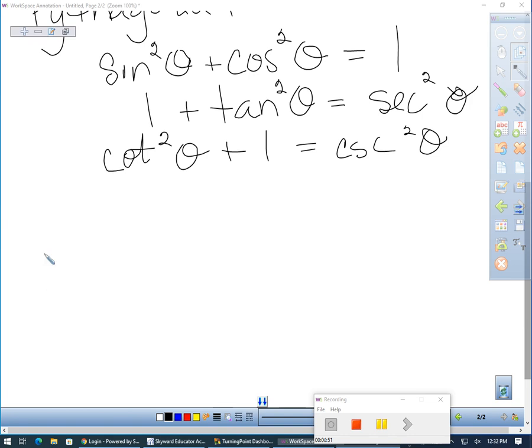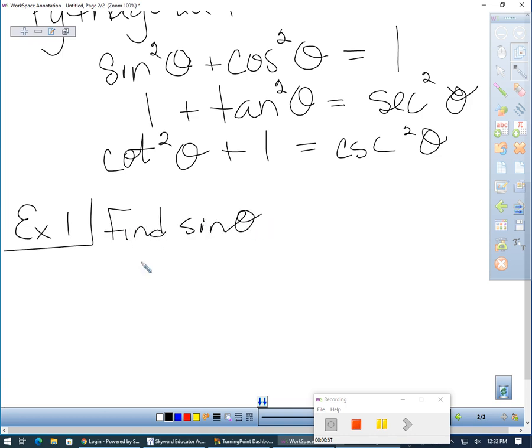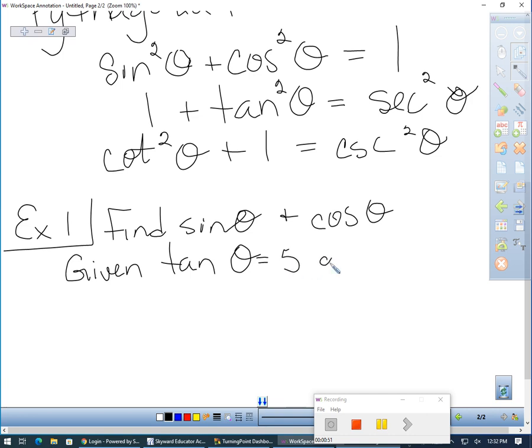In example number 1, let's say we need to find sine theta and cosine theta, given tangent theta is equal to 5 and that cosine theta is greater than 0, or positive.